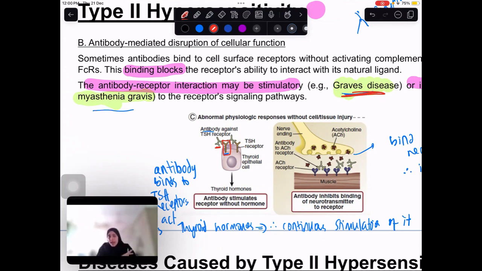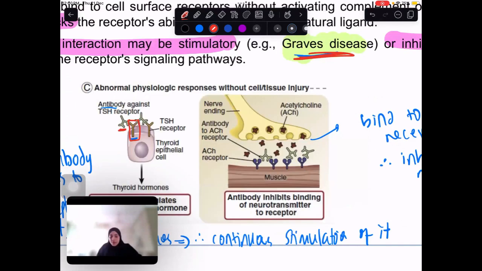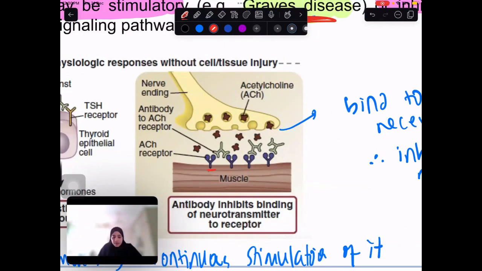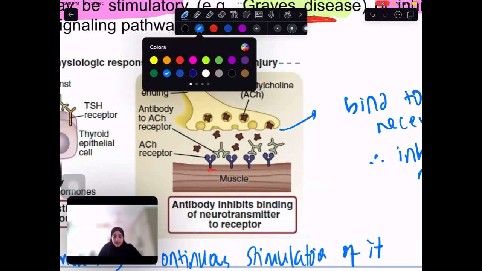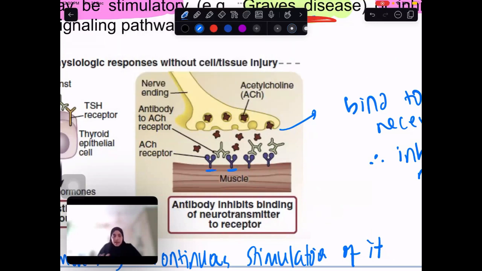An example of inhibition is when I have muscle cells, which have acetylcholine receptors, right? And acetylcholine needs to bind onto the receptors. But in this case, again, antibodies will bind to the receptors. It's not going to be stimulatory, no, it's going to be inhibitory. It will prevent the actual acetylcholine from binding to the receptor.